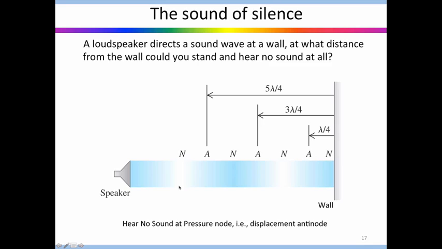Our ear responds to pressure, not displacement, and that's why we hear the loudest sound at the wall. Therefore, in order to hear no sound at all, we need to be at a displacement antinode, which is 1/4 of a wavelength away, 3/4 of a wavelength away, and also 5/4 of a wavelength away.